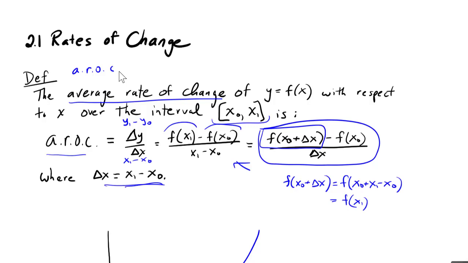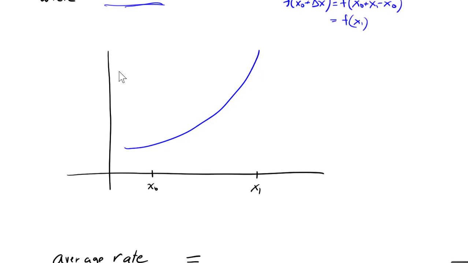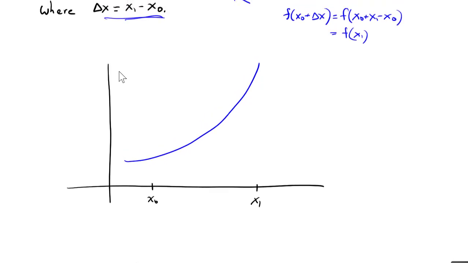So let's look graphically. Let's say this is the graph of the function y equals f of x. And we're going to talk about 2 points, x0 and x1. At x0 we'd have the point x0, f of x0, and at x1 we'd have x1, f of x1.